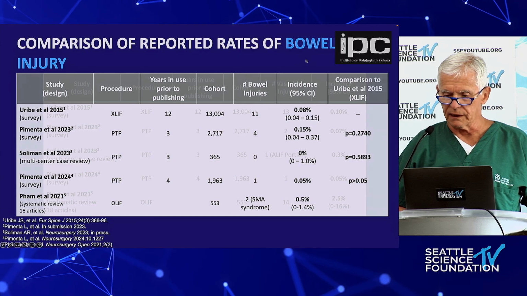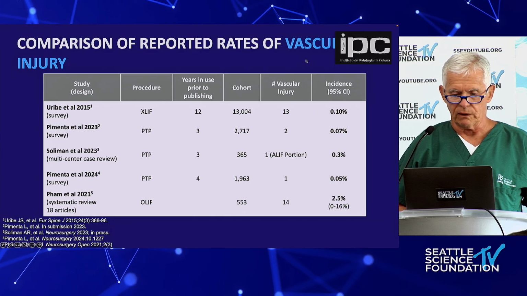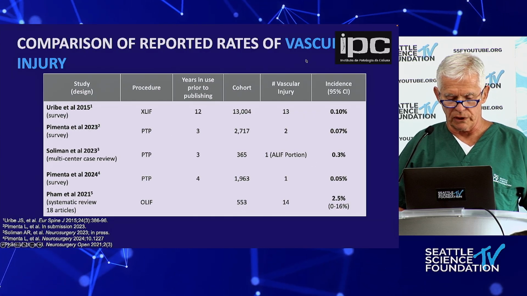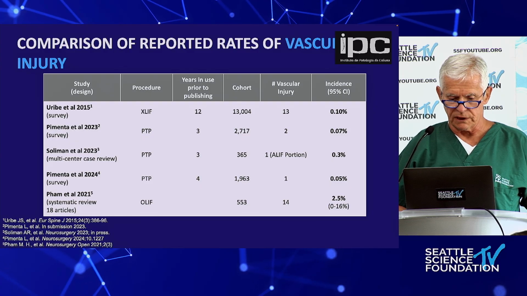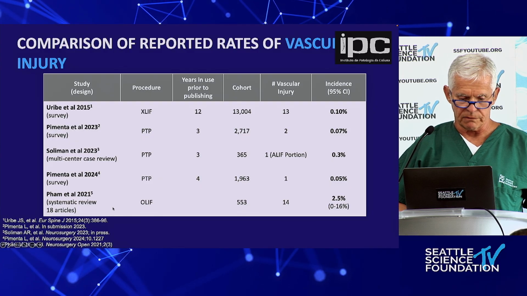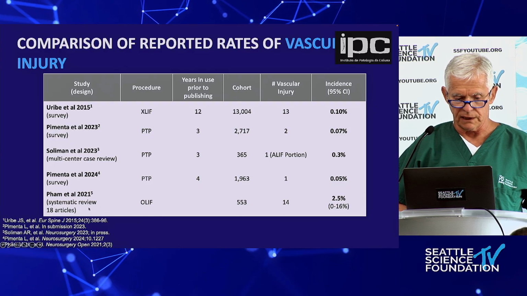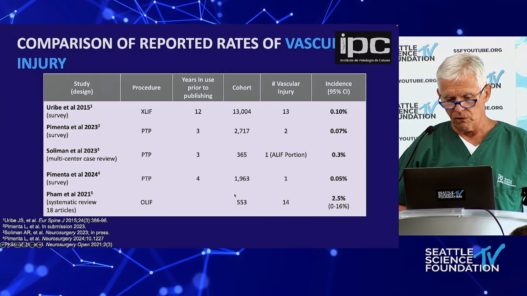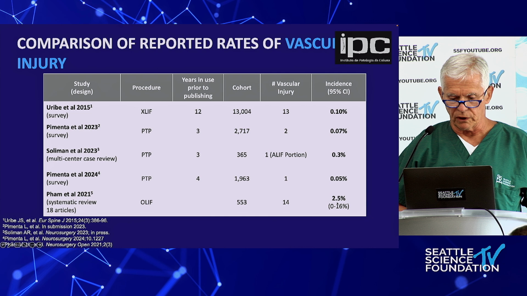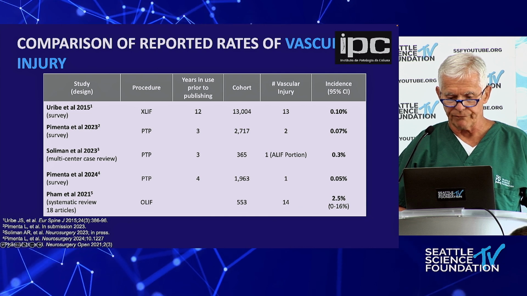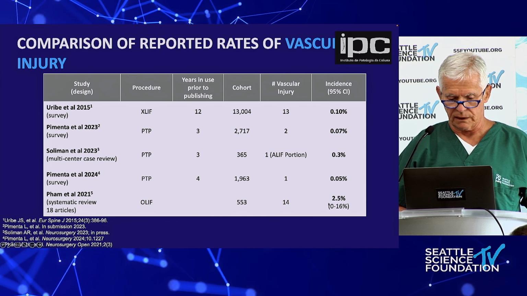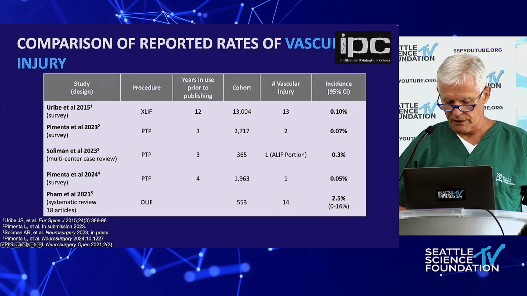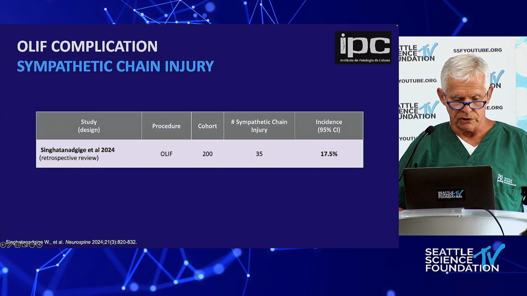When we talk about vascular injuries, the difference is this paper here, actually a systematic review, where OLIF shows 2.5% vascular incidence. Other than that, the results are very similar.